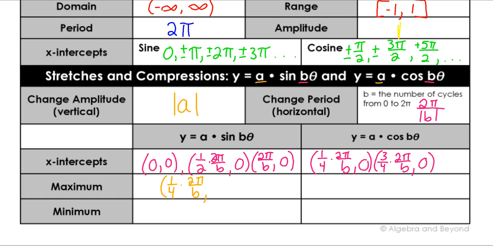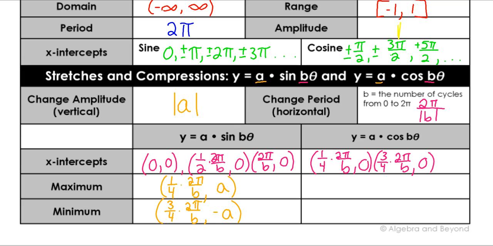And now the amplitude is going to be whatever that a value is. The minimum, remember it goes up and then comes back down in the sine function, so the minimum happens at the next point after the x-intercept. So that's going to be at 3/4 of 2 pi over b. And it's going to be in the negative direction of a, whatever that a value is.